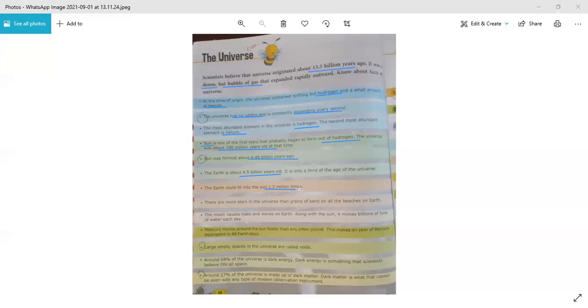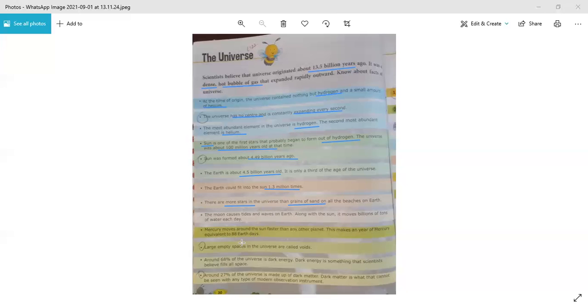Next concept, you will be very surprised to know that there are more stars in the universe than grains of sand on all the beaches of earth. It means numberless stars are found in the universe.